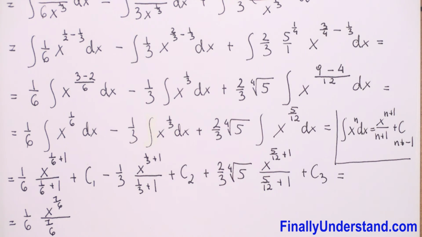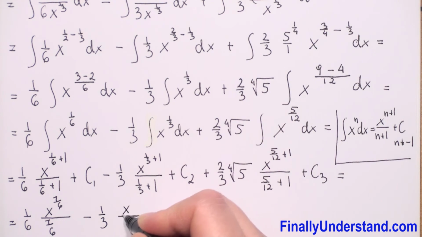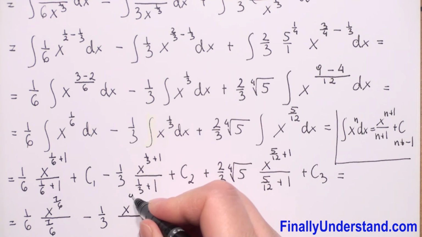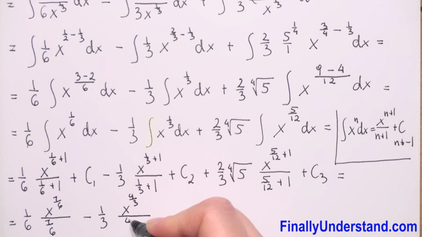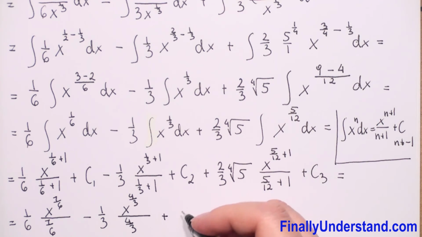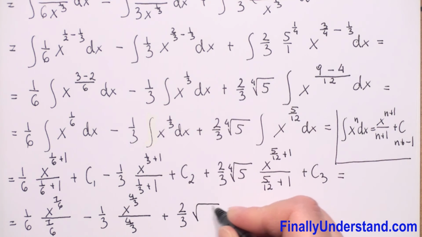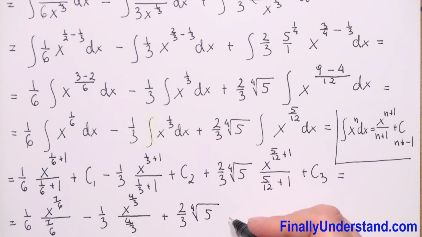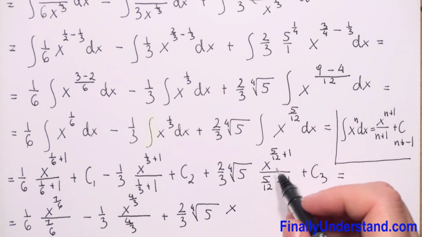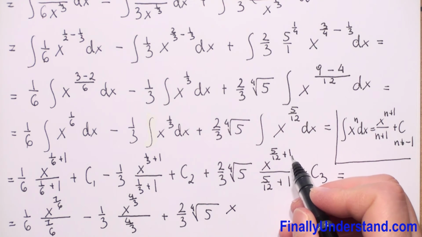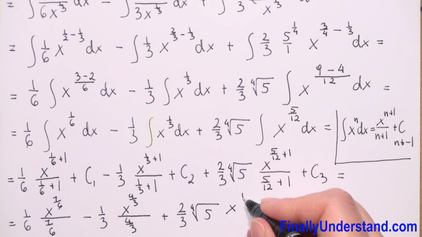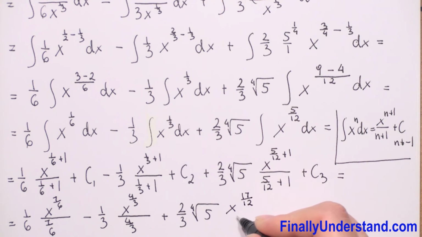Next, I will put the expression with x's, so it will be minus 1/3 times x to the power 4/3, the denominator is the same, 4/3, plus we have 2/3 fourth root of 5 times x to the power, we have to have the same denominator, so it will be 12. 12 plus 5 is 17/12.